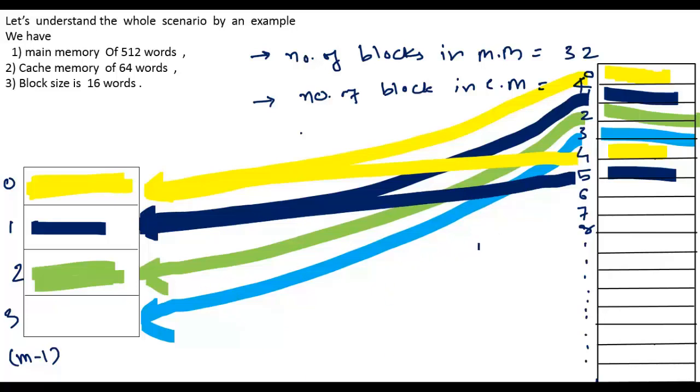All right, so similarly, this kind of modulo operation will be performed for all of the 0 to 31st different blocks. And if we move further doing this kind of operation, we will get a result something like this.